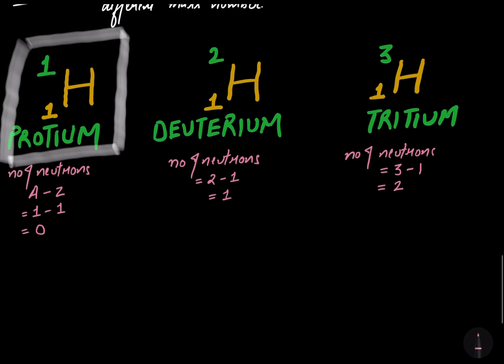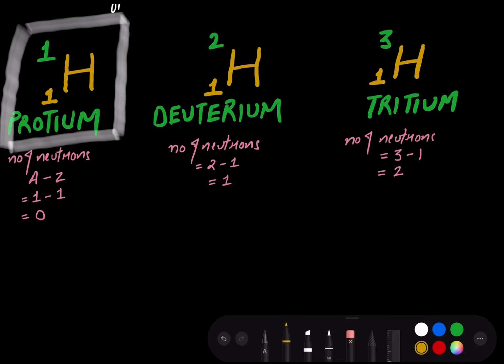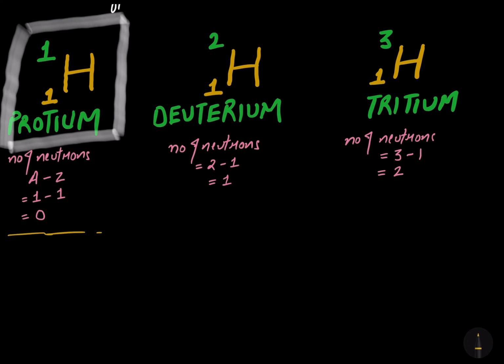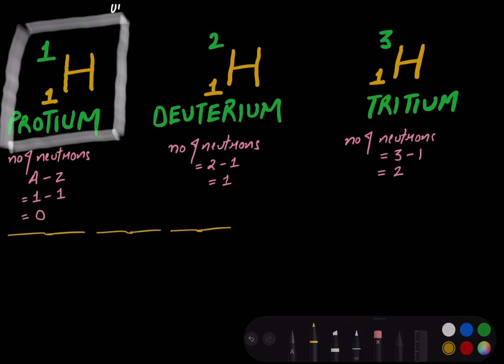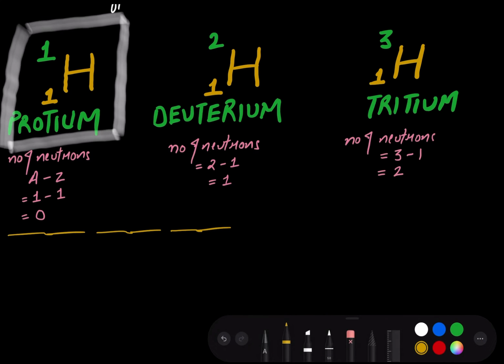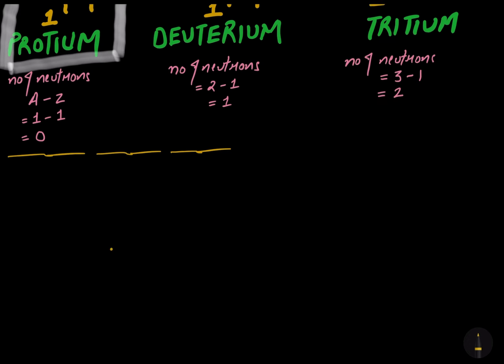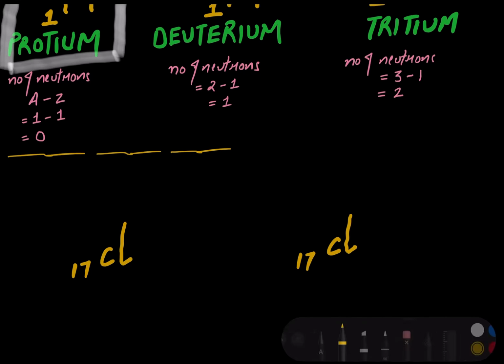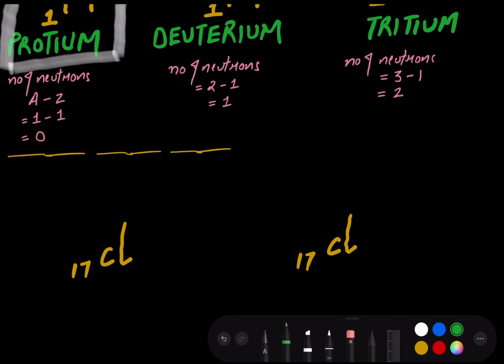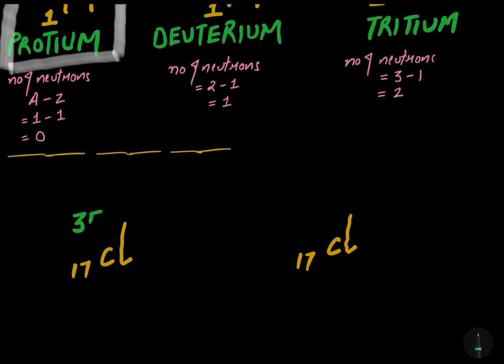Let's take another example. Now I'm talking about chlorine. We have 2 isotopes of chlorine in nature and I'm writing them. Chlorine has an atomic number of 17 and the mass number for my first isotope is 35, and the second one is 37.